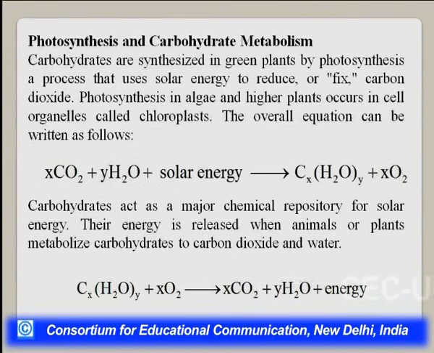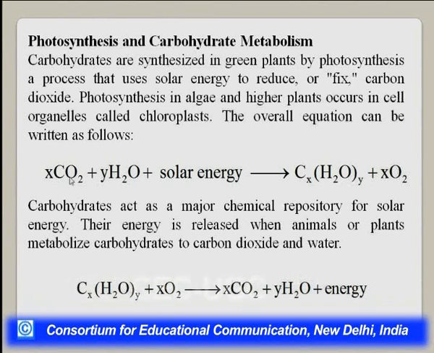Photosynthesis and carbohydrate metabolism. Carbohydrates are synthesized in green plants. You know what the process is? This is photosynthesis, a process that uses solar energy, or we can say sun energy, to reduce or fix carbon dioxide. Photosynthesis in algae and higher plants occurs in cell organelles called chloroplasts. The overall reaction, you might be aware of this.